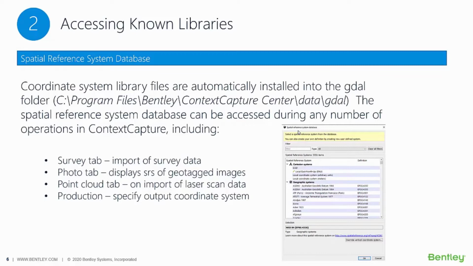The Spatial Reference System database can be accessed during any number of operations in ContextCapture, including the Survey tab, import of survey data, the Photo tab, display of the SRS of geotagged images, the Point Cloud tab on import of laser scan data, and finally the production where you can specify the output coordinate system.